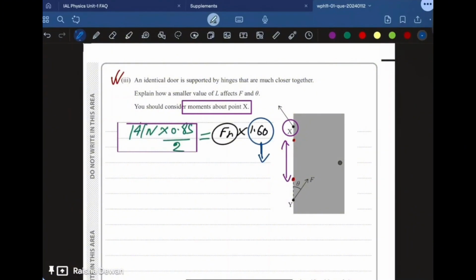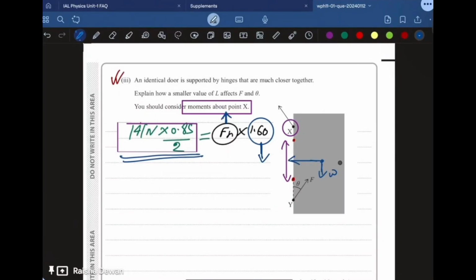As our L value has decreased, our FH value is going to increase, right? Our FH value will increase because this component is going to be the same, which was our weight and the perpendicular distance.